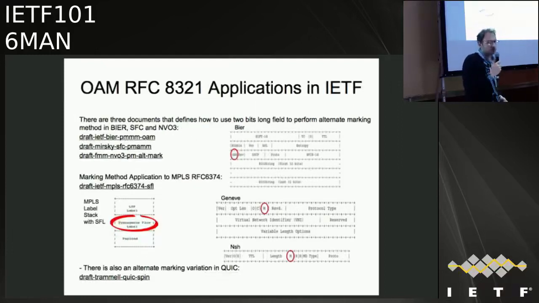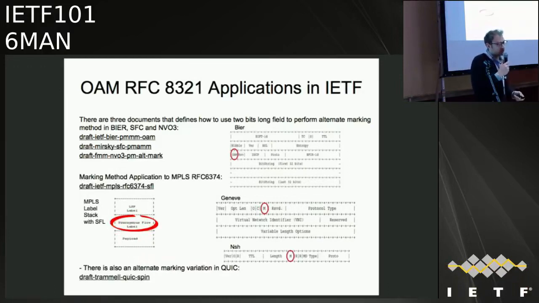This is just a quick view of the main applications within the IETF. We have some proposals in the BIER working group, in SFC, and in NVO3, where you can see the header in which we have reserved 2 bits for the application. RFC 8321 can be applied with 1 bit or also 2 bits, so there are several alternatives for applying the methodology.